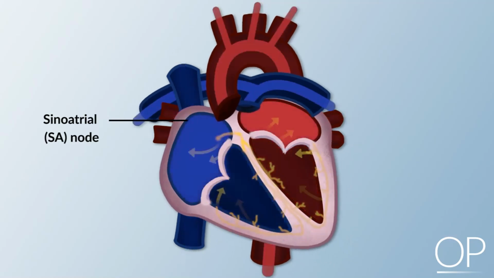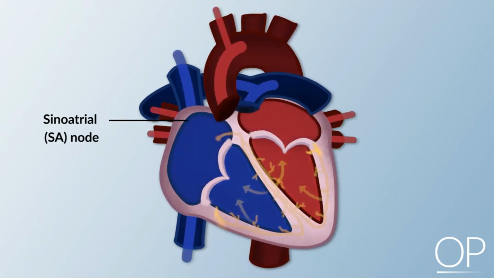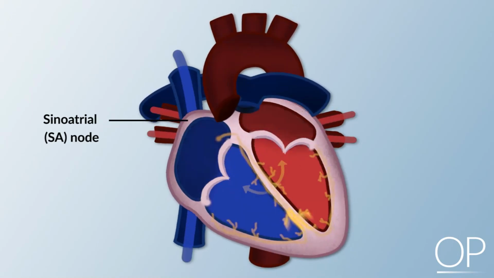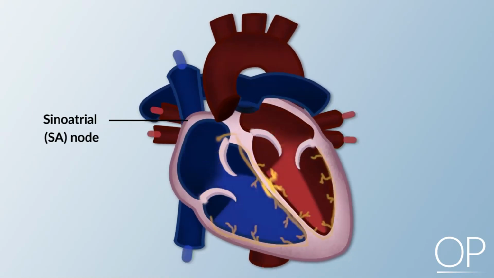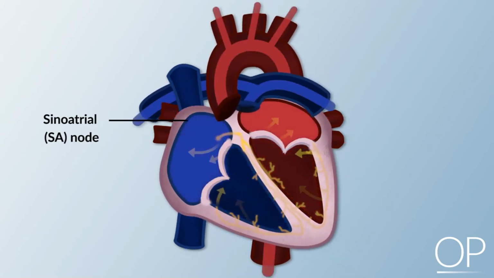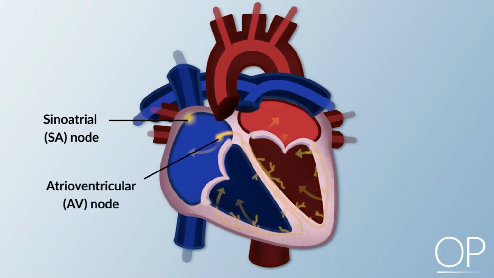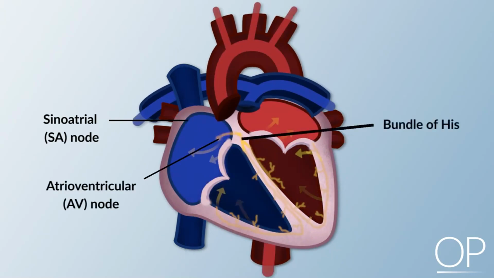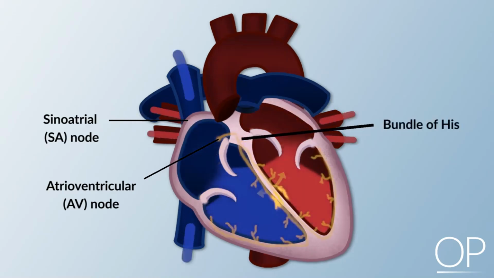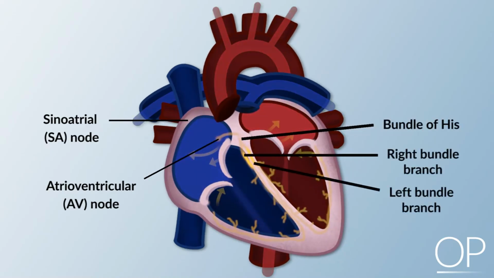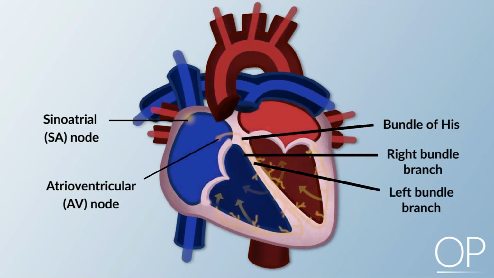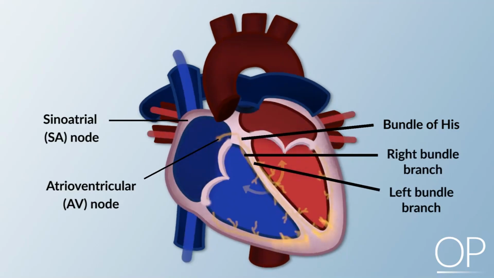Each electrical impulse generated from the SA node travels through the right and left atrium, causing the atria to contract. The impulse then travels to the atrioventricular node, AV node, then to the bundle of His, and finally through the right and left bundle branches of the ventricles, causing the ventricles to contract.